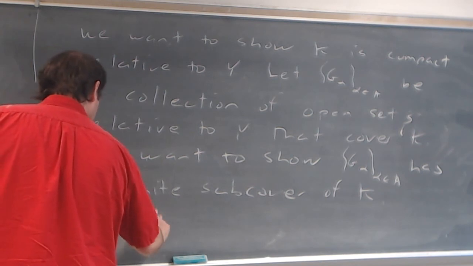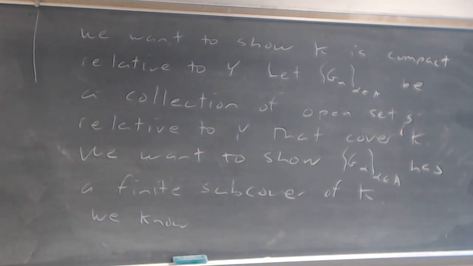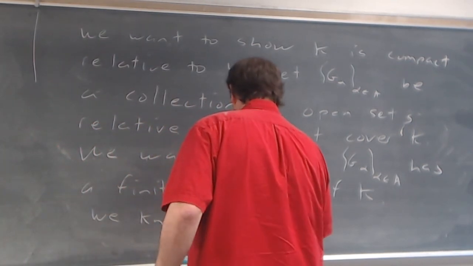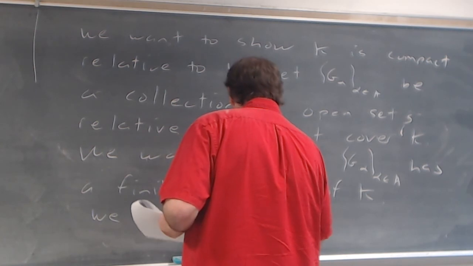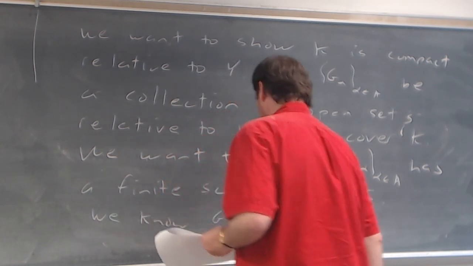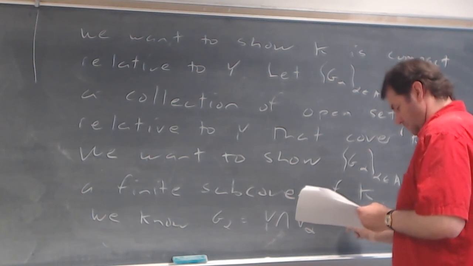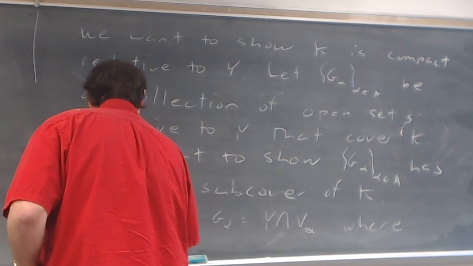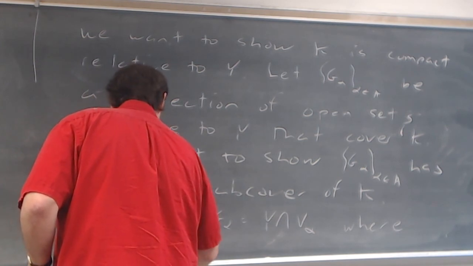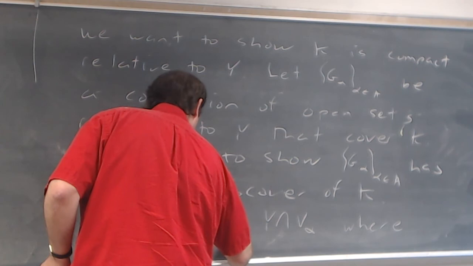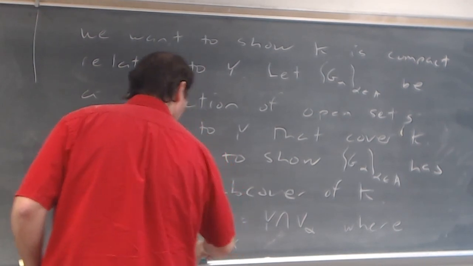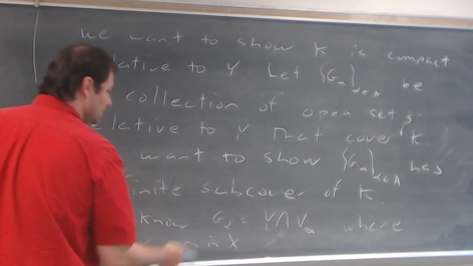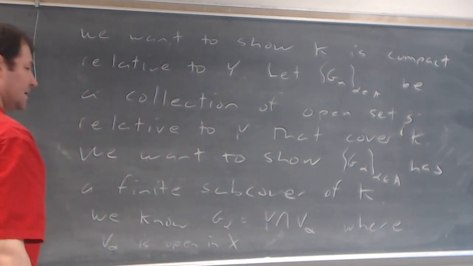We know that the G sub alphas are all open relative to Y. So we know that G sub alpha must be equal to Y intersect V sub alpha, where V sub alpha is open in X. And that's from the fact we proved this lecture, that if you're open relative to Y, you have to look like this type of set.